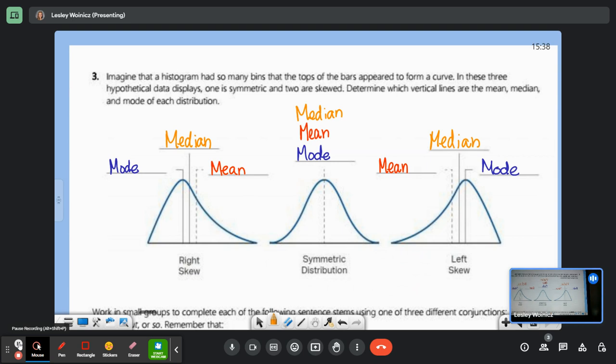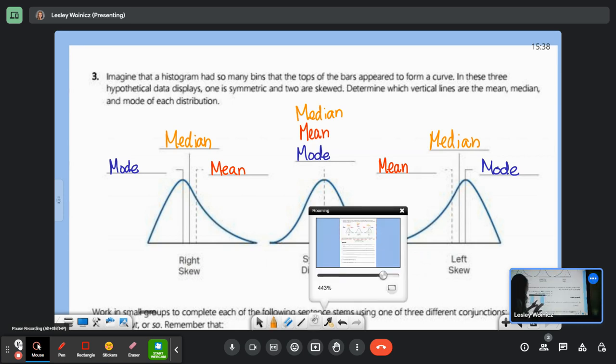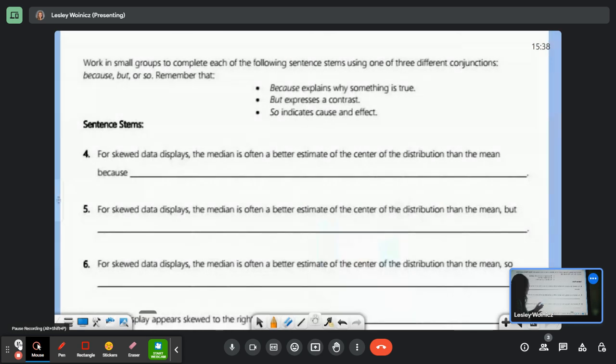Okay, while you are packing up, I need you to listen. I want to show you how to do one of these sentences. You guys ready? So I need you to listen while you pack up quietly.